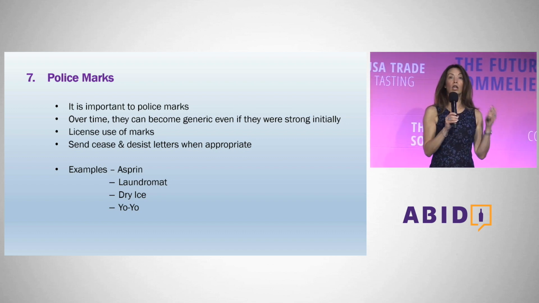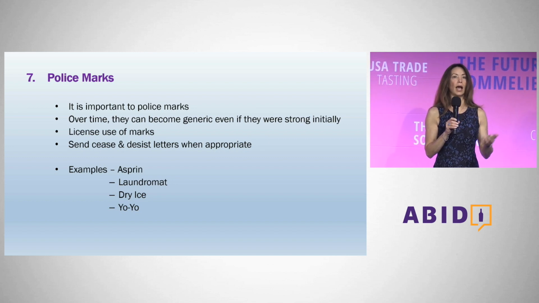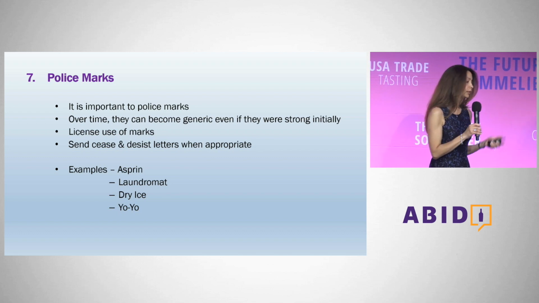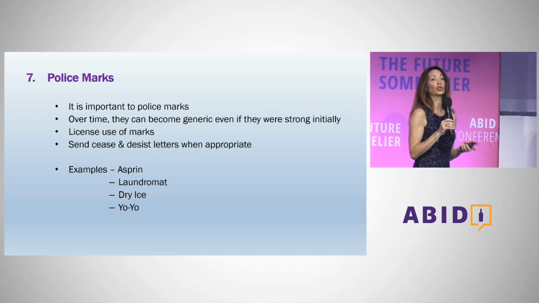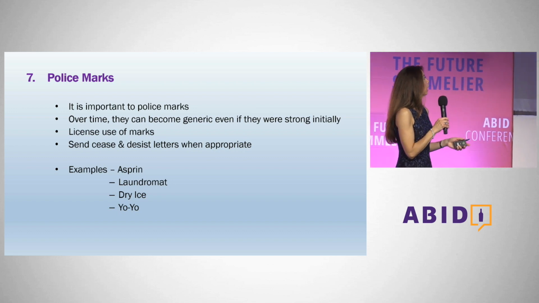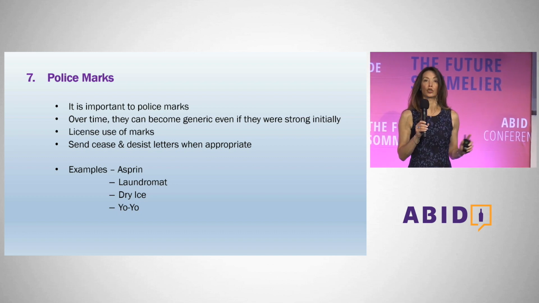Number one, it could be a quality issue. You don't want people coming to you and saying, I had this really bad wine that was yours, when it wasn't. And secondly, like I said, it dilutes your mark. So you would want to send a cease and desist letter to get them to stop using your mark.